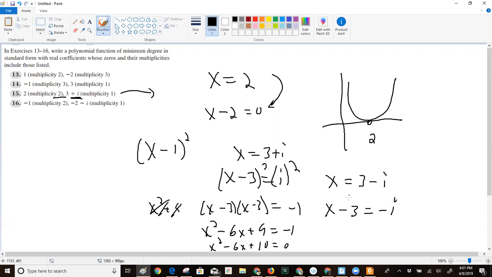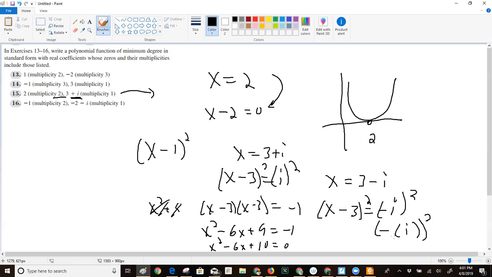What about this other 0? What if I square both sides here? Well, the left-hand side looks exactly the same. What is negative i squared?